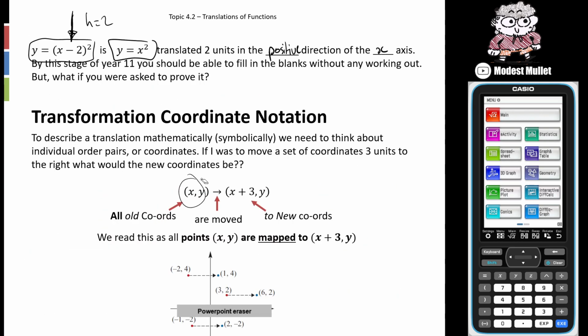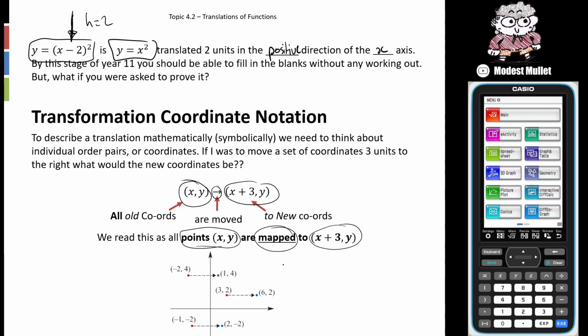So, if I was to move a set of coordinates 3 units to the right, what would the new coordinates be? Well, if we have some old coordinates (x, y), the x coordinate is moved across 3, and the y coordinate hasn't changed. So we could say all the points (x, y) are mapped to (x plus 3, y). Pretty straightforward.